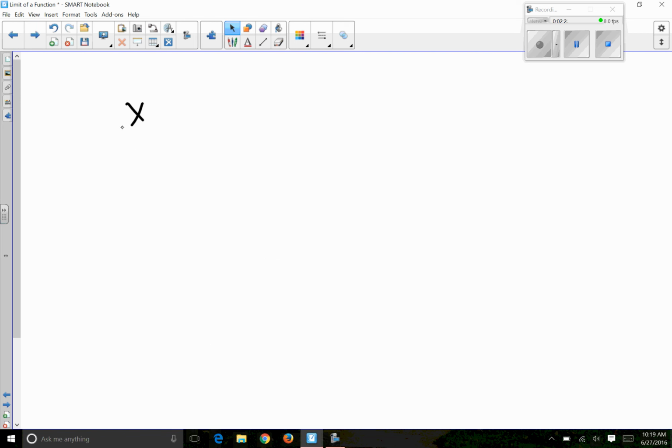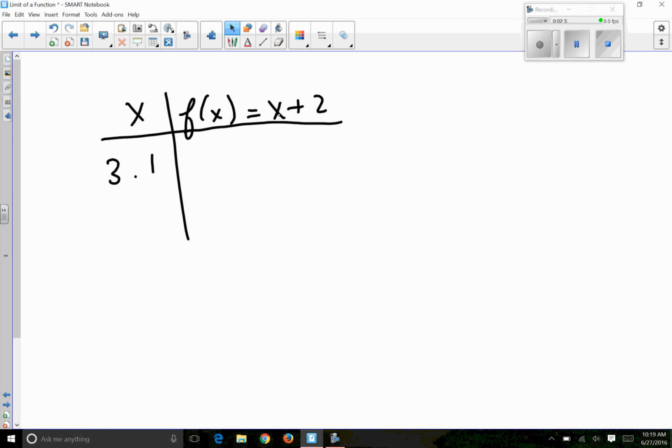Also, if x is 3.1, f of x, which is in this example x plus 2, 3.1 plus 2 is 5.1. If x is 3.01, f of x is 5.01. If x is 3.001, f of x is 5.001.